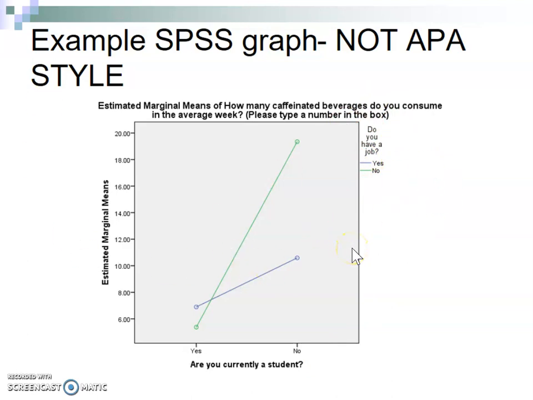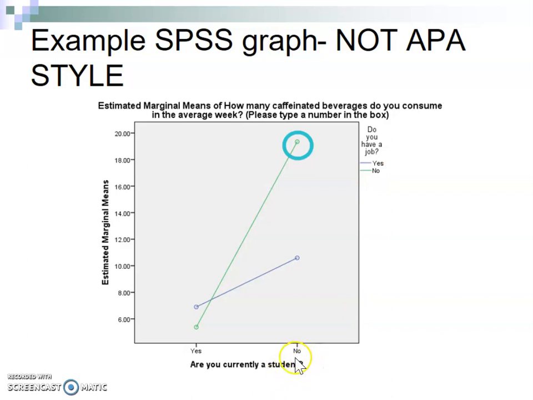One of the major things you want to look for when looking at these graphs is really the highest and lowest scores. So you'll see that the highest score here is way up here, and it's a green line. The green line corresponds to the people that said, no, I don't have a job.